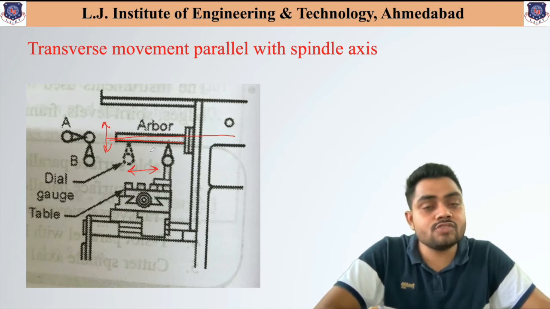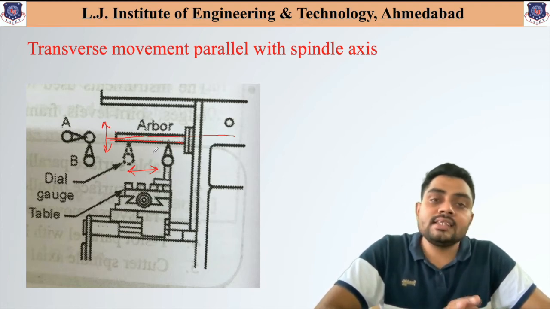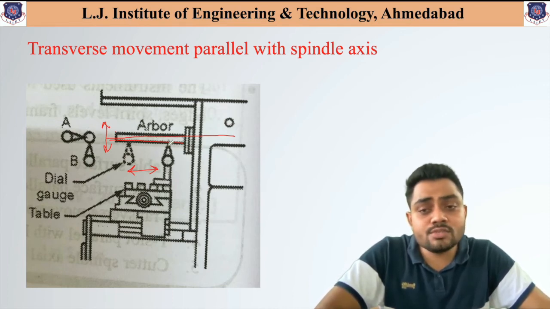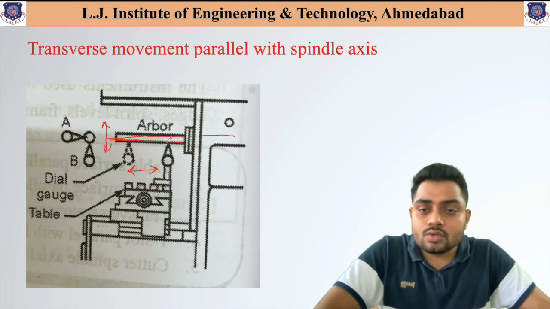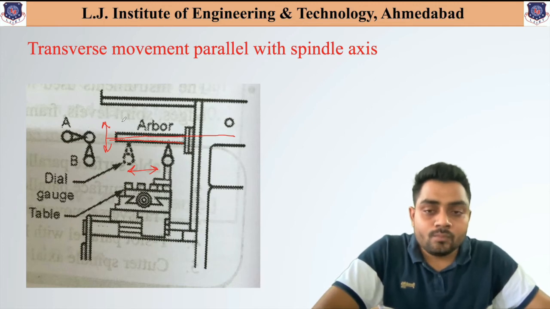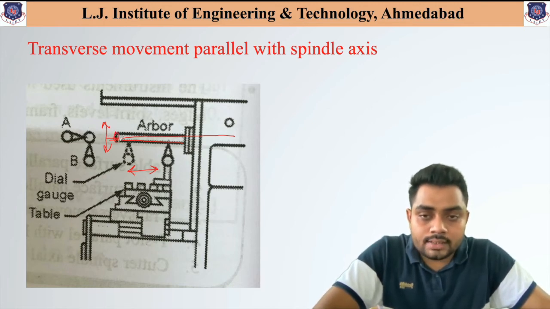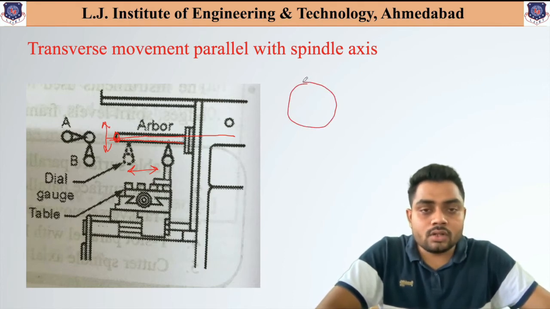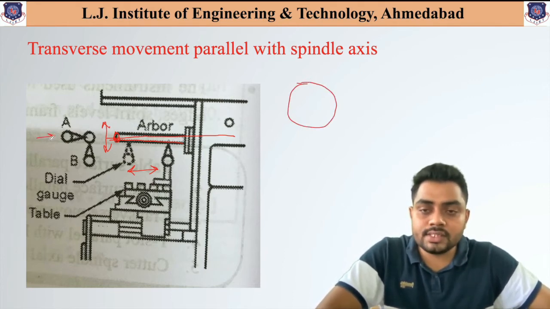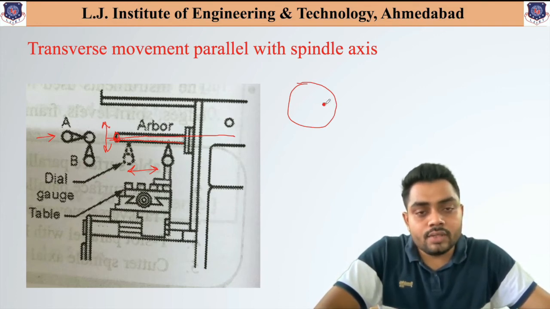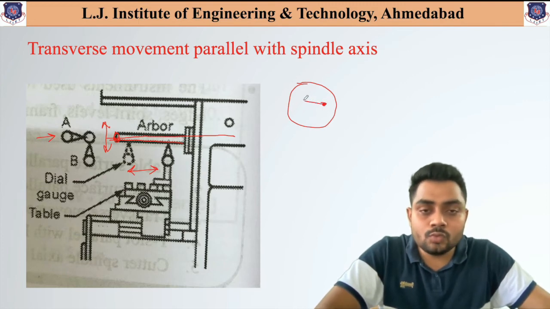The surface at which we want to check the parallelism, in that particular direction we are indicating the dial gauge. So during this movement, if this dial gauge shows any deviation, then there are chances that the component is not parallel. Similarly, let us see the top view or the side view of this arbor. If we see from this direction, this is nothing but the cylindrical section, and over here also we point the dial indicator and move over its radius or diametral direction.